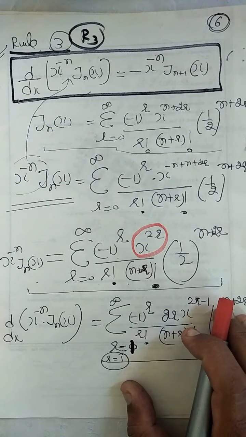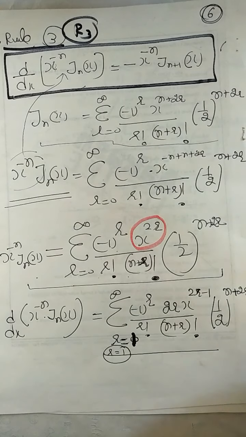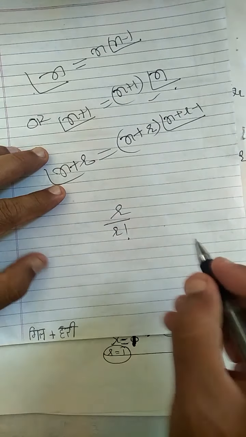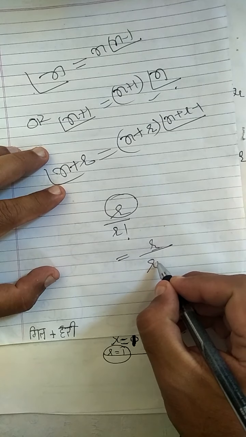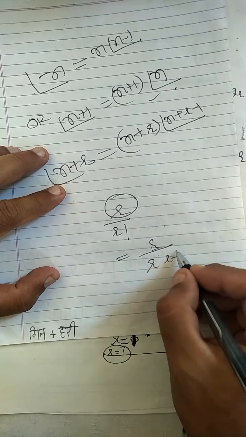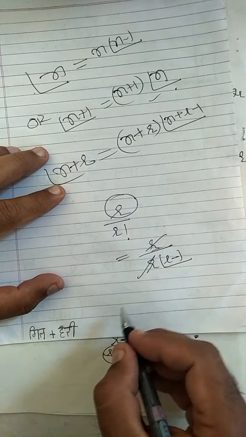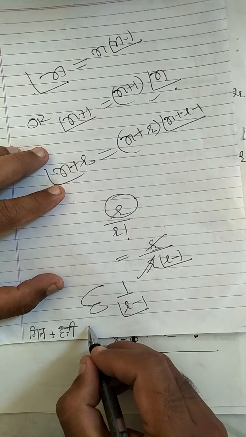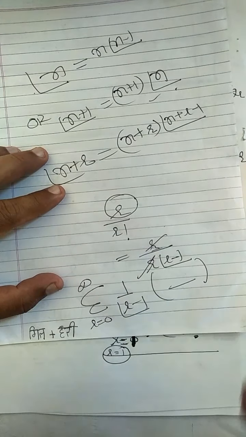The reason lies in the fact that if you get a term like this in the expression, and to simplify this you write r into (r minus 1) factorial, and this cancels out, and this term appears in the expression with r from some other terms.